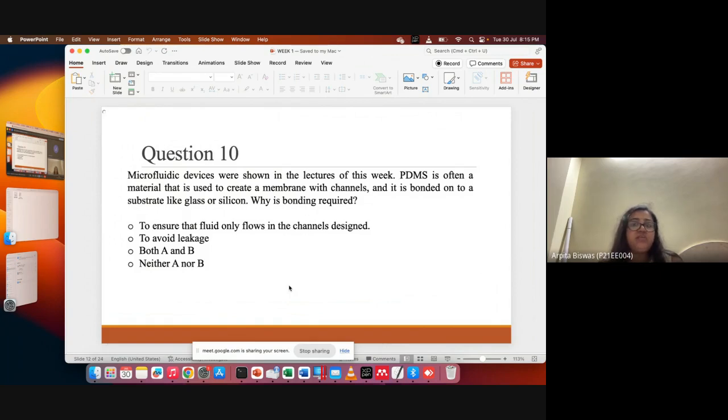Why is this bonding required? The first option is to ensure that fluid only flows in the channel design. The second option is to avoid leakage. The third option is both A and B, and the last option is neither A nor B.